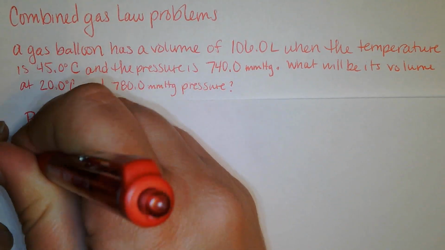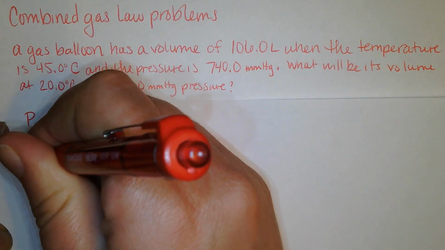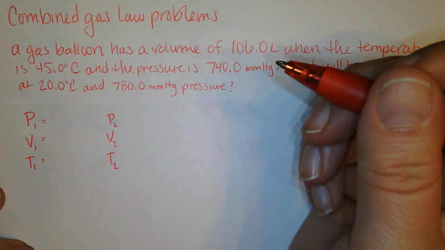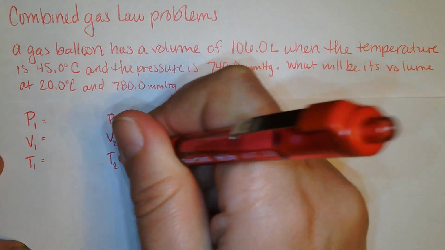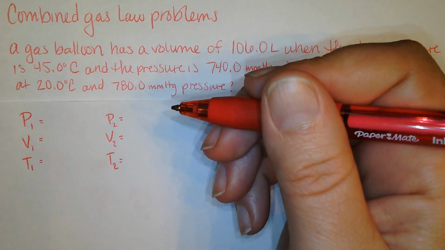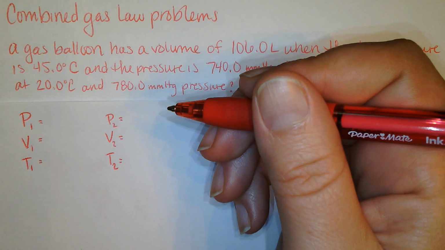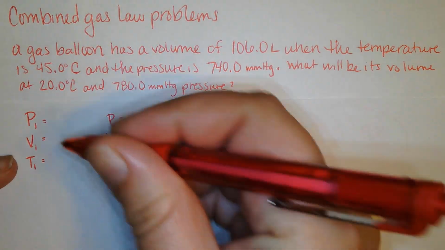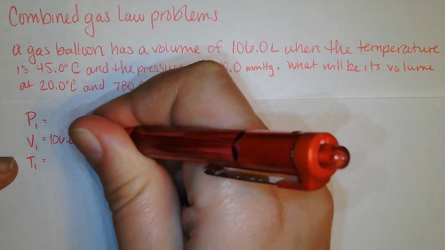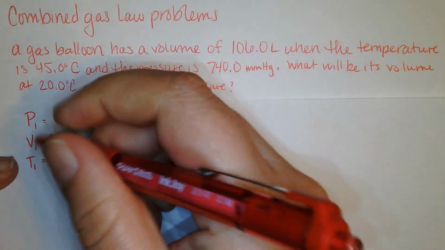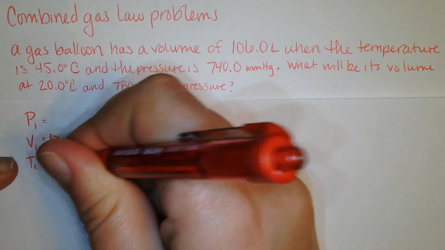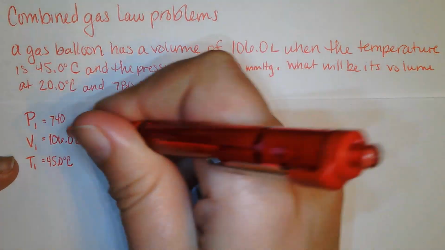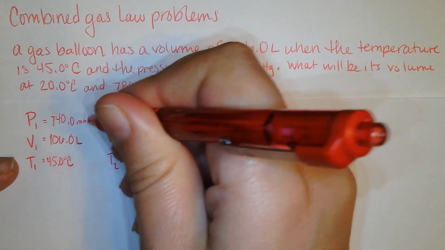All right, P1, V1, T1, P2, V2, T2. Let's see. So volume of 106.0 liters, when the temperature is 45 degrees Celsius and the pressure is 740.0 mmHg.